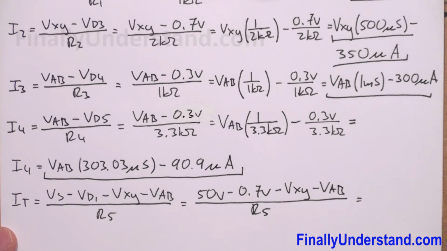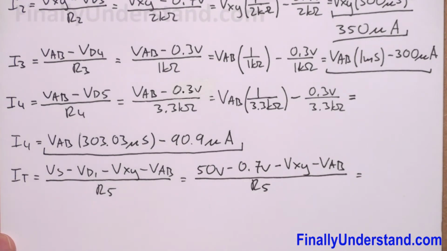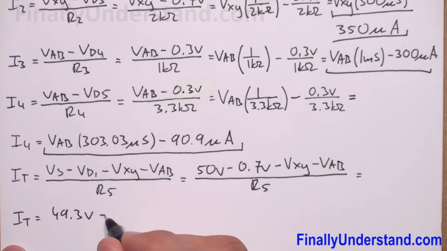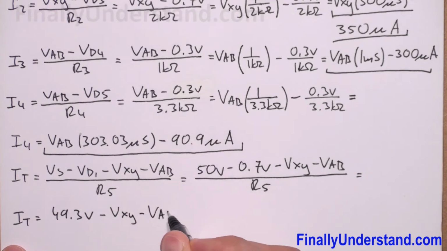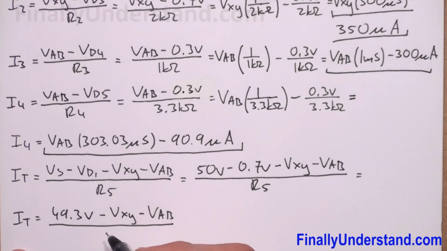So this is equal to 50 minus 0.7, which is 49.3. So let me write this down. I total is equal to 49.3 volts minus VXY minus VAB over R5, which is equal to 4 kilo ohms.